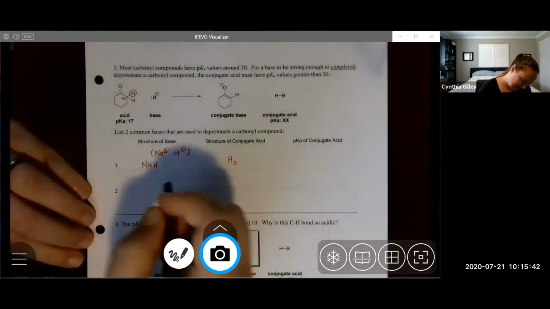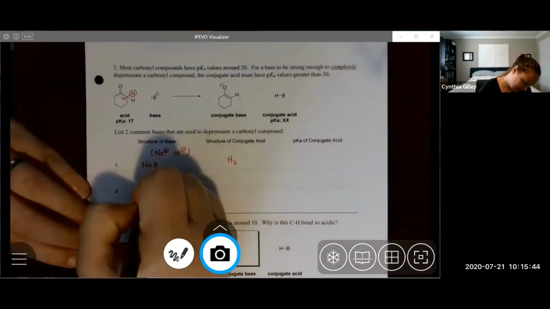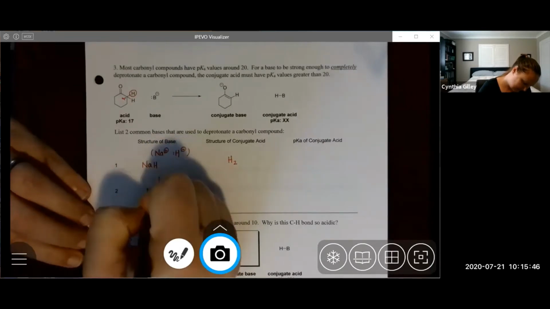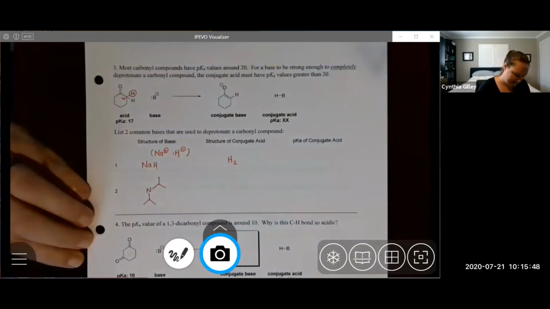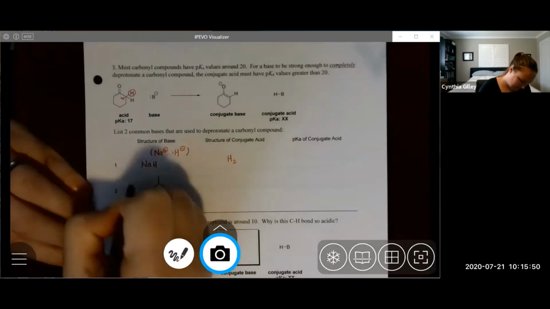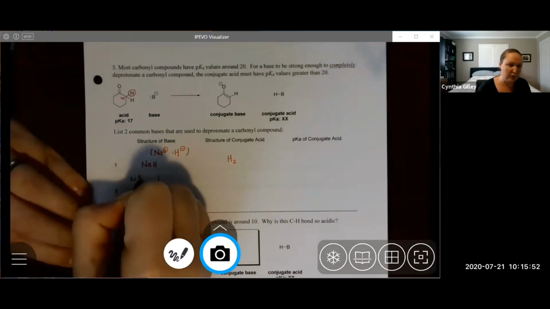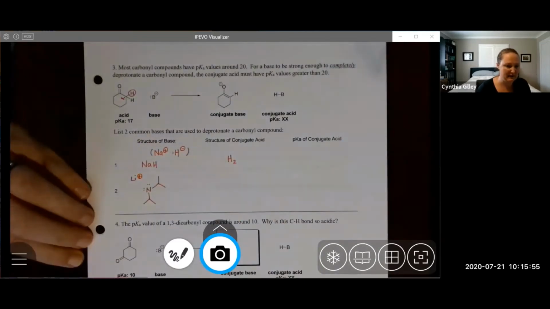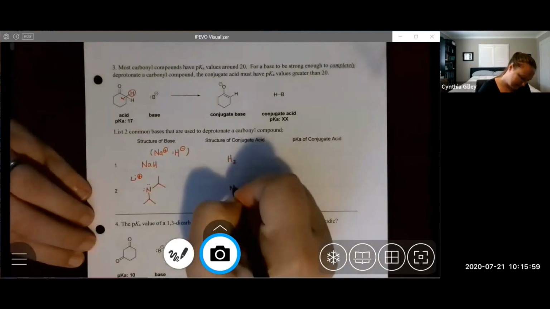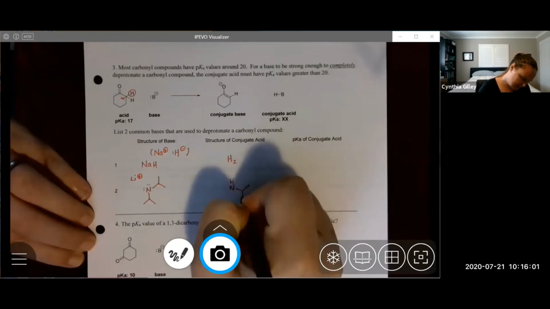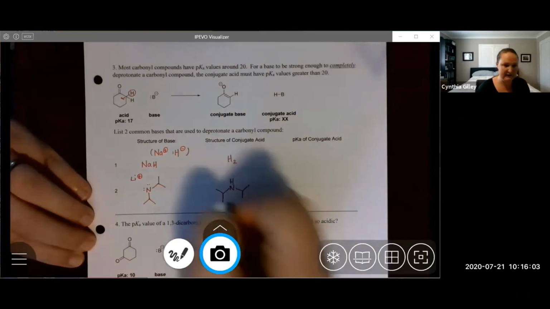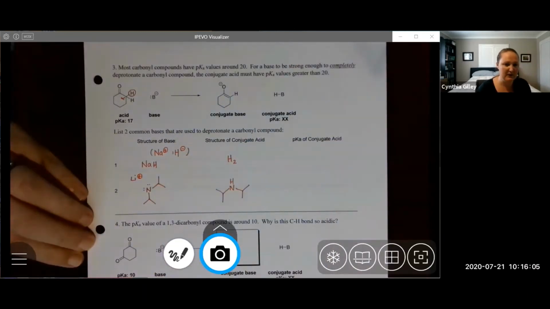And then the other base that's commonly used is LDA, which stands for lithium diisopropylamide. And so the conjugate acid would be the amine. I don't know what the exact pKa is of this amine, but amines are typically like 35 to 38.